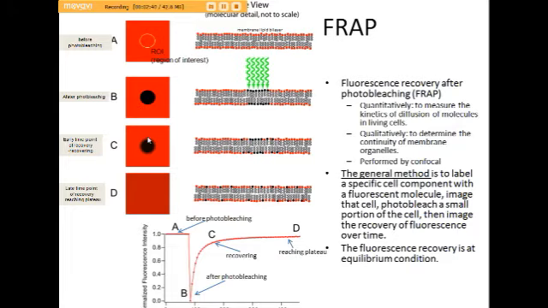But we know that lipid molecules could diffuse freely within their 2-dimensional surface. So immediately after photobleaching, these fluorescent molecules are diffusing in, while these dark molecules are diffusing out.